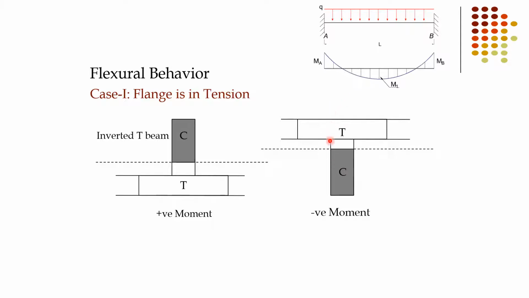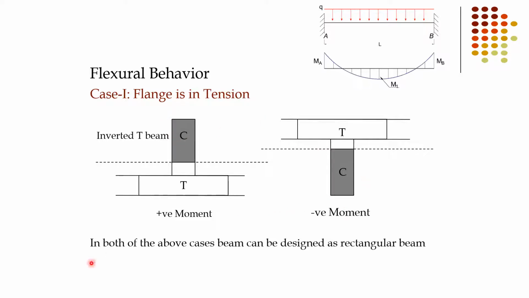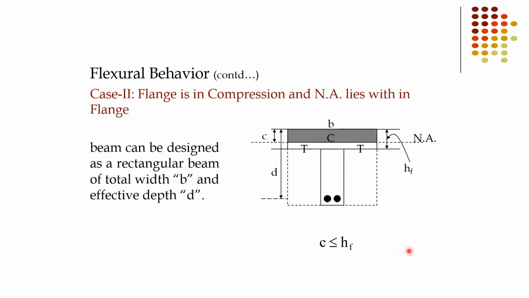Due to the negative moment, above the neutral axis will be in tension and below the neutral axis in compression. In that case also the beam will act as a rectangular section, because we ignore the concrete on the tension side and consider only the concrete on the compression side. So in both cases, inverted T and negative moment, the beam can be designed as a rectangular beam.